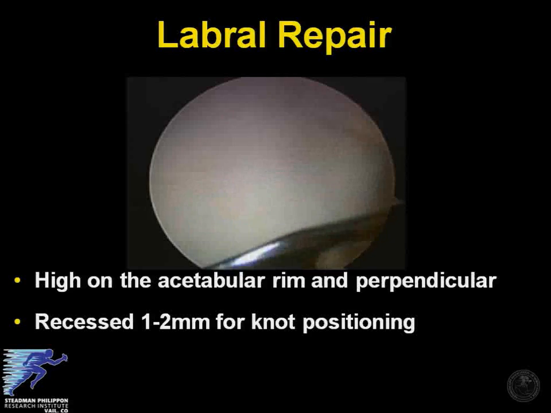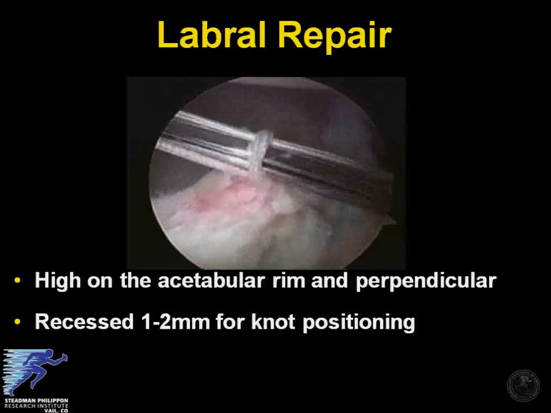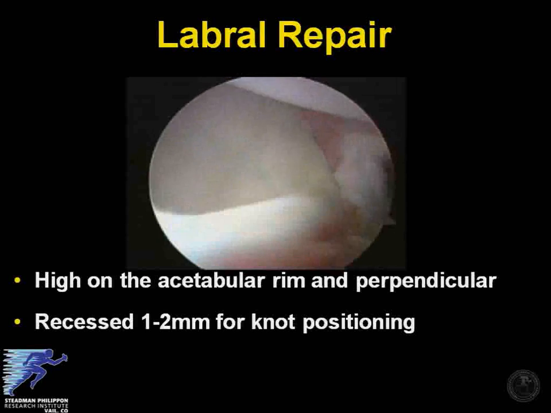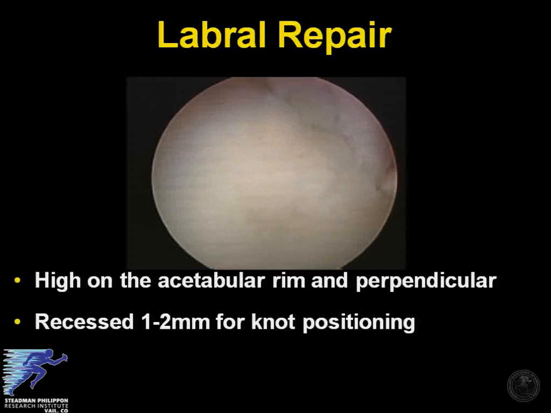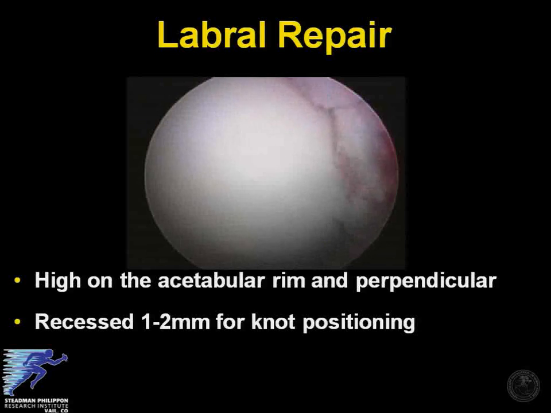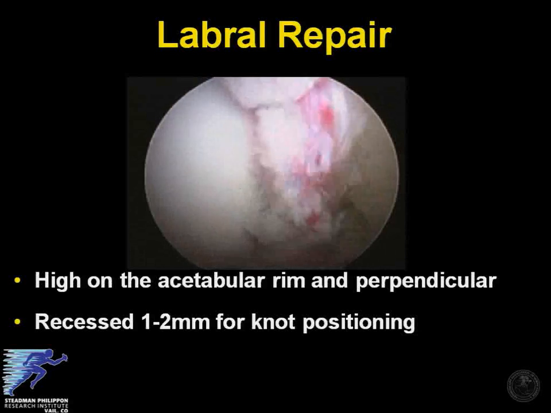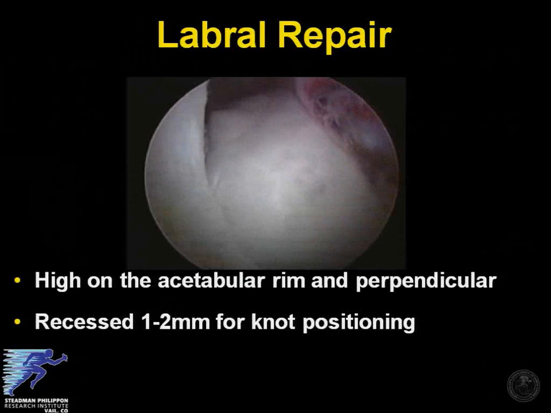Again, here we're going through with an arthropierce, and we place our suture on the capsular side, and this system is designed to allow for recession of the knot. And then we always verify the seal after the repair to make sure that it's not everted or inverted and there's no residual impingement.